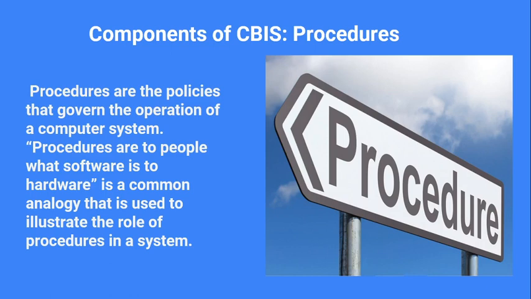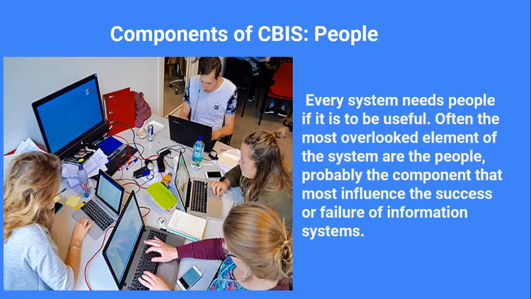So, if we relate this fifth component, that is procedure, to people, the most important and the most overlooked component, the sixth one for CBIS, is the people component, that is the human resource.